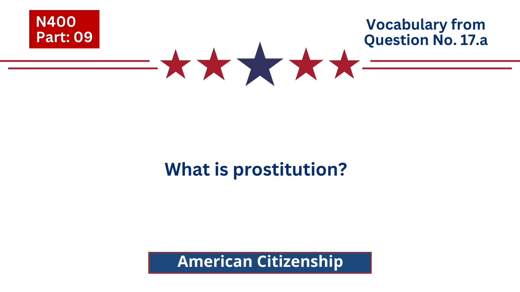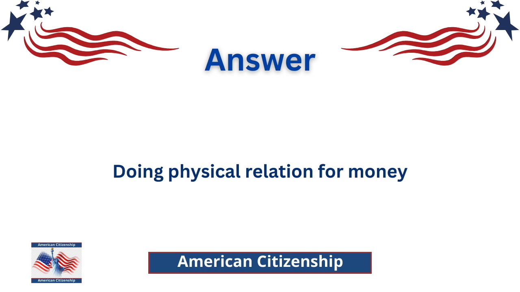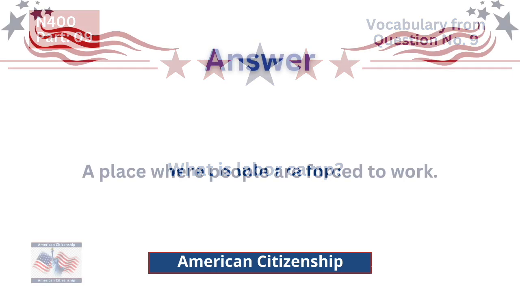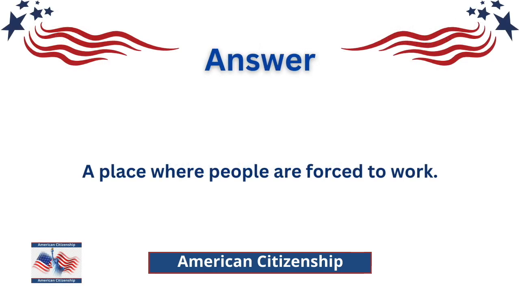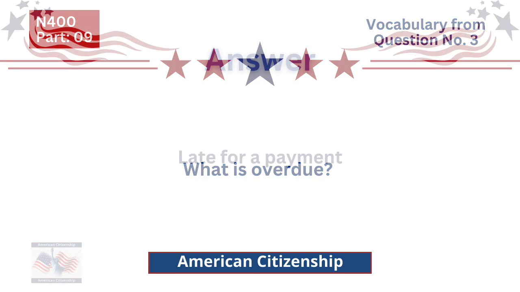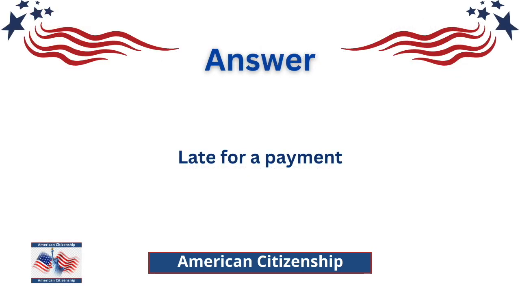What is prostitution? Doing physical relation for money. What is labor camp? A place where people are forced to work. What is overdue? Late for a payment.